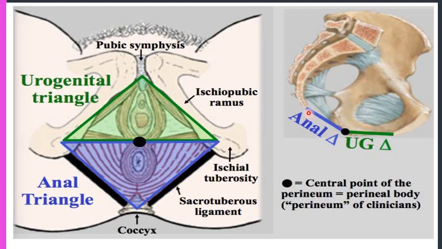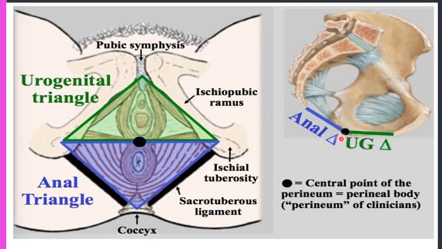This is indicating the area of anal triangle. Then moving more anteriorly from this ischial tuberosity to the inferior aspect of pubic symphysis along that ischiopubic rami, this is indicating the area of urogenital triangle.